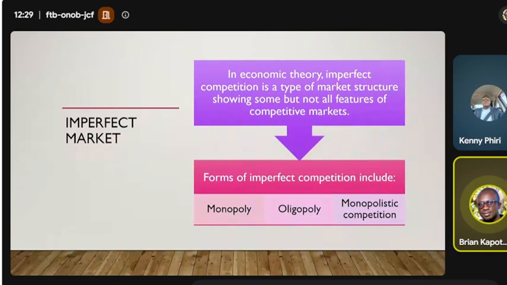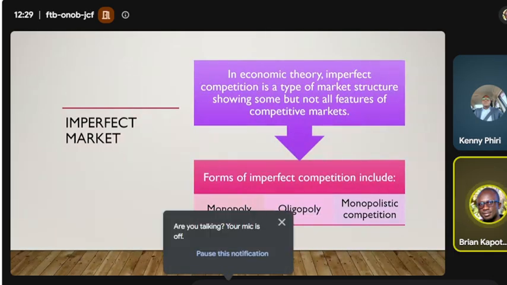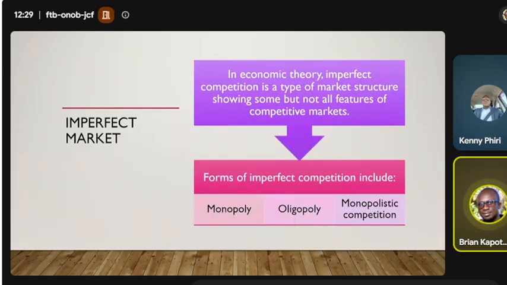And then now we go to monopolistic competition. So under monopolistic competition, we have many sellers offering similar but differentiated products. So they may compete by looking at things like branding, quality, and advertising. So for example, you look at the milling companies that we have in Zambia.